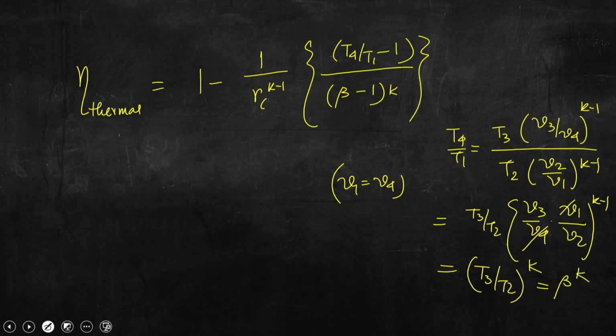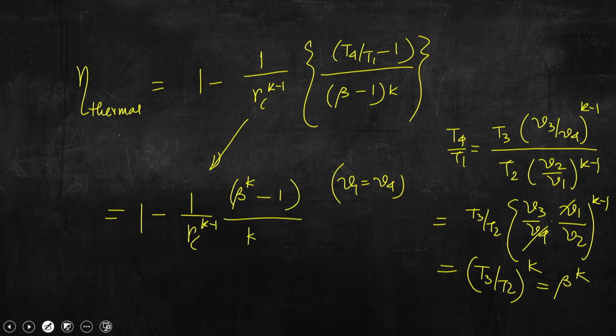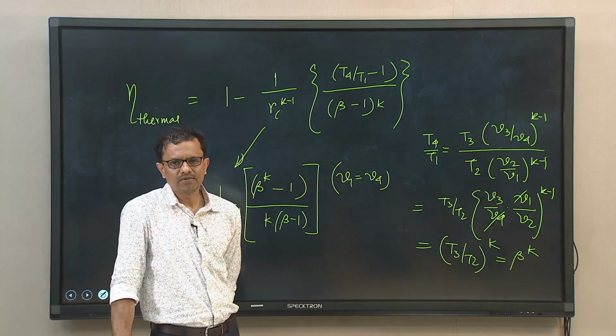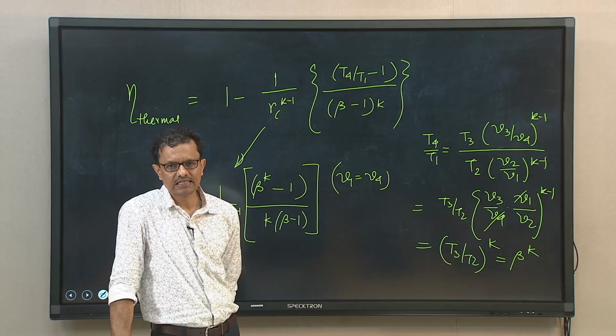So, we can write this expression equal to 1 minus 1 upon r_c^(k-1) into (beta^k - 1) divided by k into (beta - 1). So, this is the mathematical expression of thermal efficiency of the 4-stroke cycle CI engine.